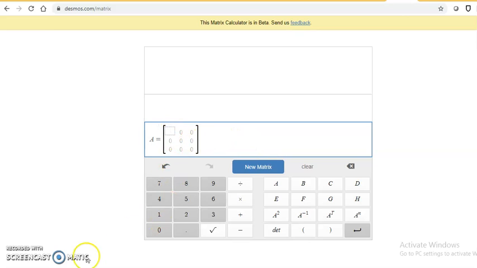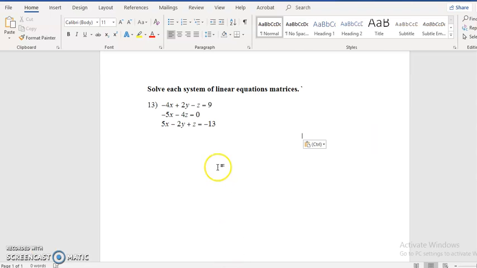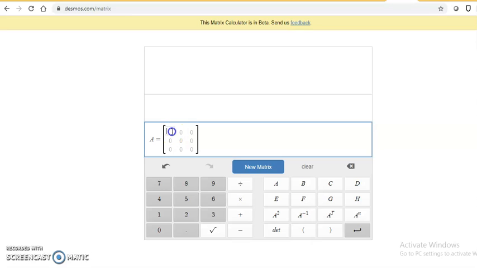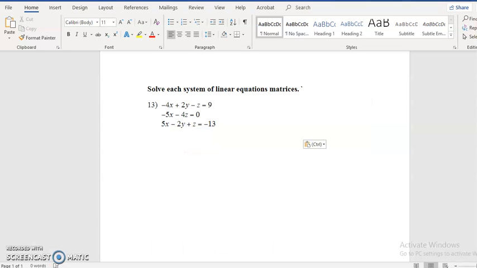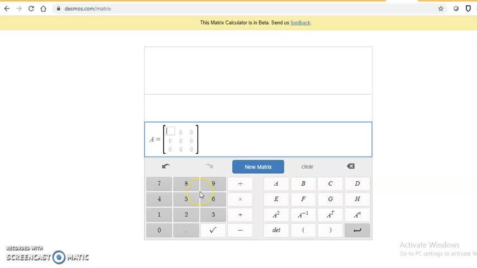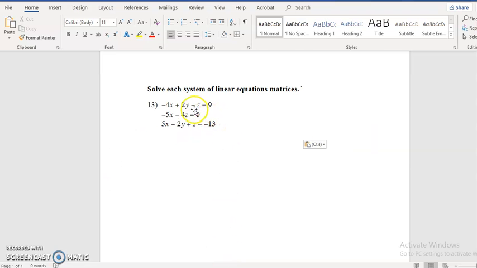So let's do the x variable first. My x values are negative 4, negative 5, and 5. All right, let's go get our y values. Here I have 2. This one doesn't have one, so I'm going to put a 0 in there. So that's 2, 0, negative 2.